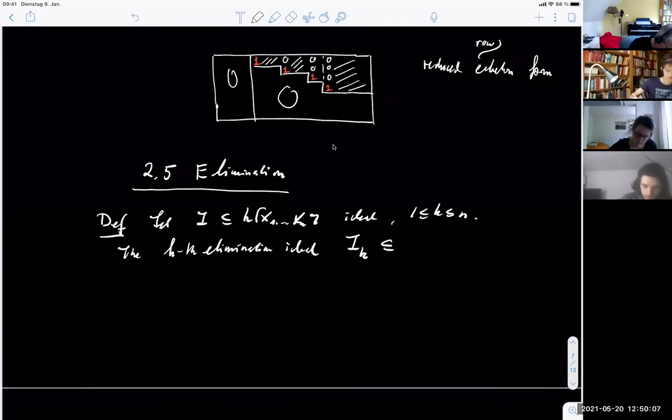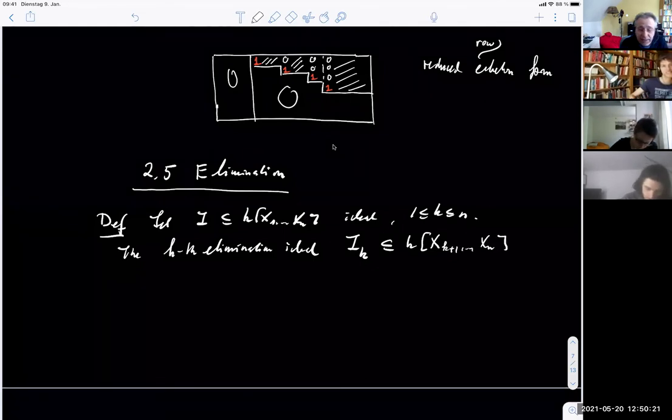So this will be in the polynomial ring only depending on the last n minus k variables, so on x_{k+1} up to x_n. Right, x_1 up to x_k do not appear here.